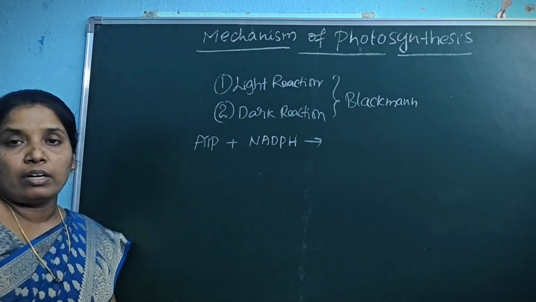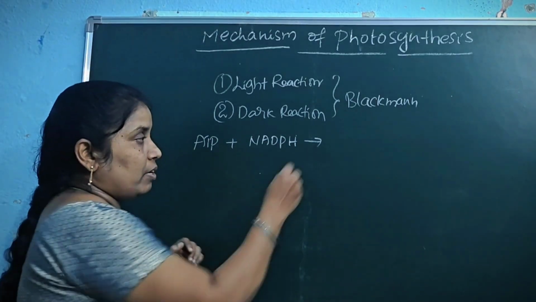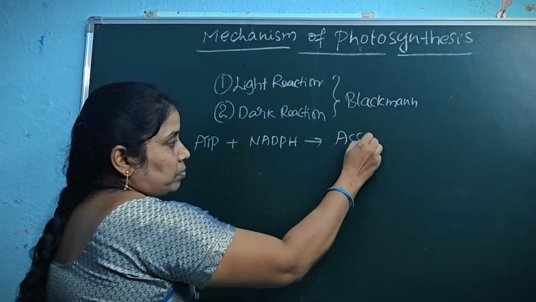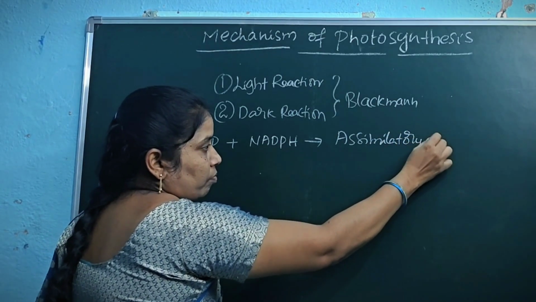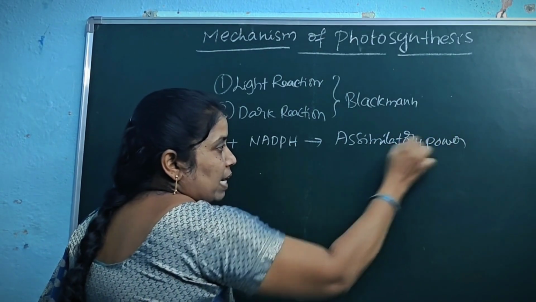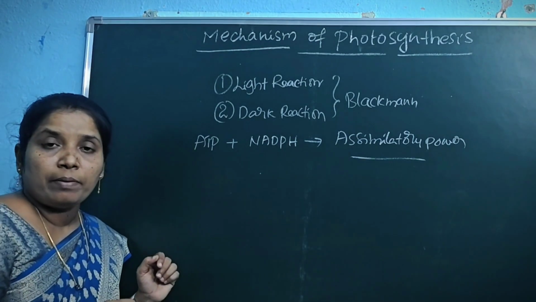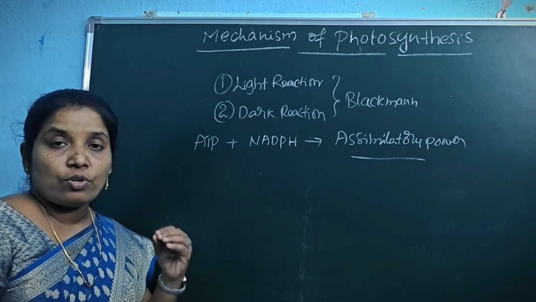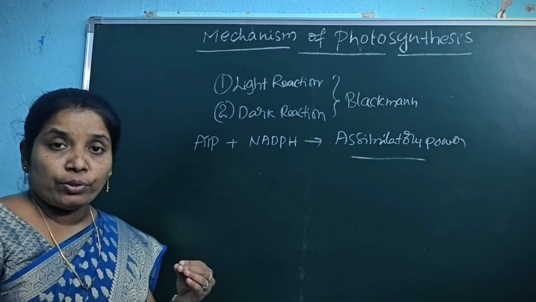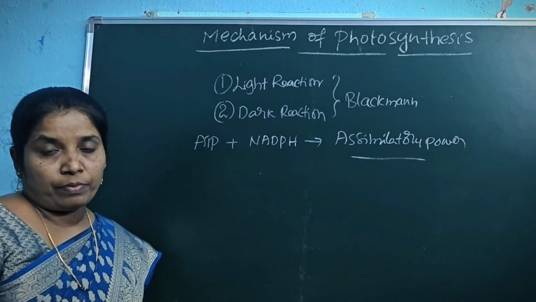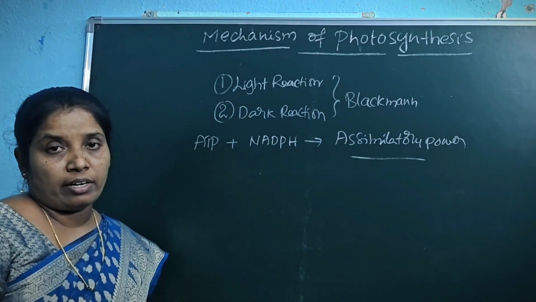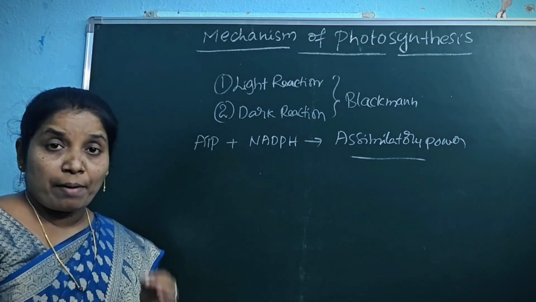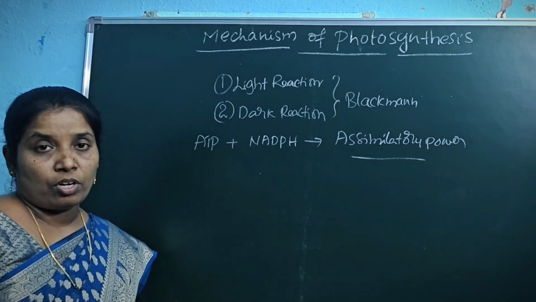These two are called assimilatory power. By using this assimilatory power, CO2 is going to be fixed into a carbohydrate. CO2 is going to get reduced into carbohydrate, and that happens in the dark reaction.